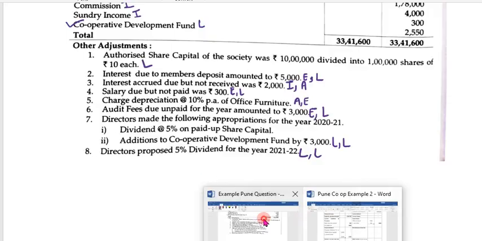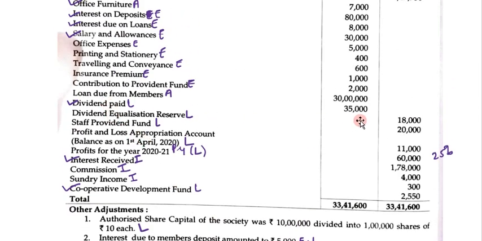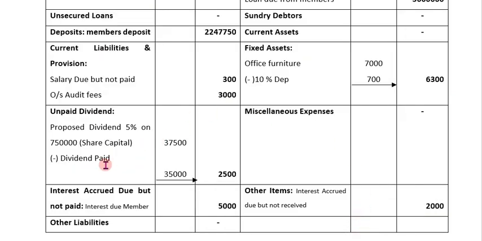Out of this 37,500, the dividend paid is rupees 35,000. So less this 35,000 from proposed dividend. So less dividend paid 35,000. So remaining balance will be called unpaid dividend, that is 2,500.